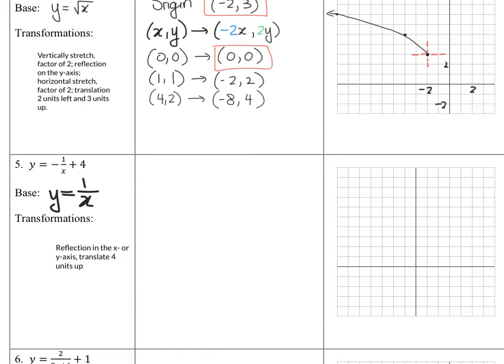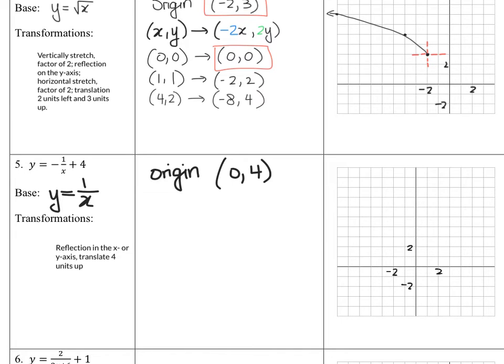And then for our work, what we're going to do is we're going to put our new origin for the asymptotes at 0, 4. So what this really means is our asymptotes, vertical and horizontal, should intersect at the point 0, 4.